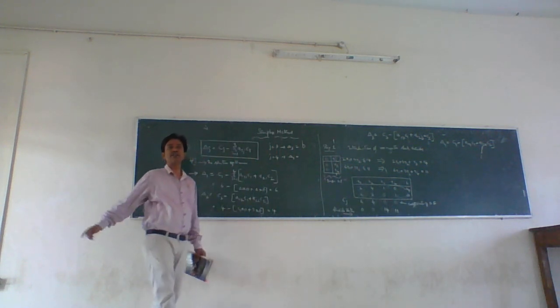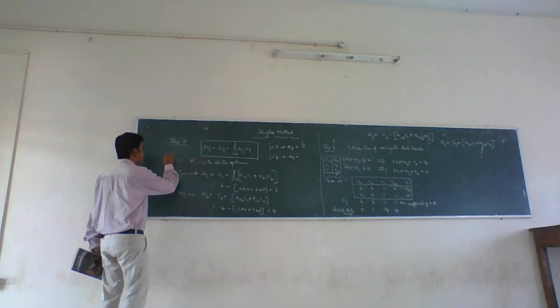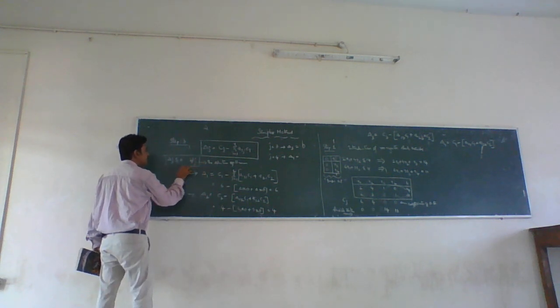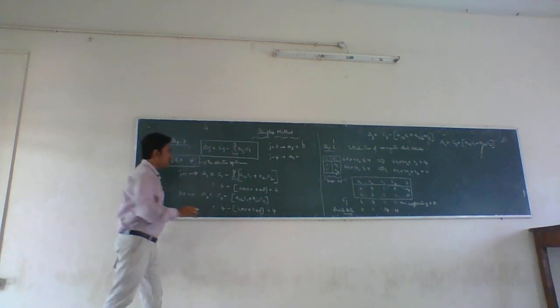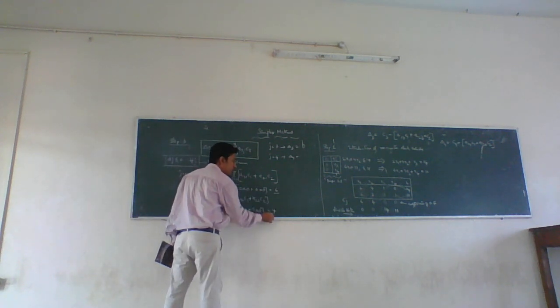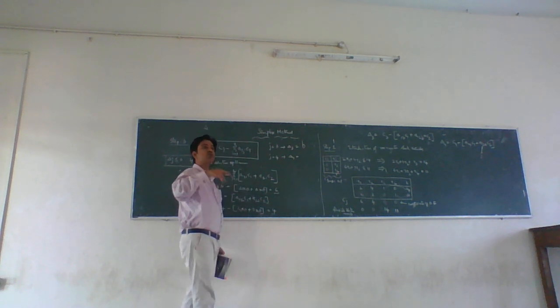Now look at the values of delta J. If delta J is less than or equal to 0 for all J, then you have got the solution. Look at the delta J values, positive values you got. If you got at least one positive value, you need to go to step number 4.